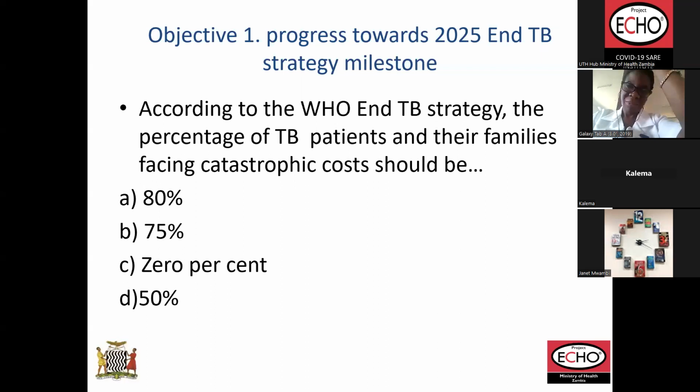I think you can shed more light on that. Thank you so much. And indeed, it's good to know that at least 67% of the people are thinking no family should suffer any form of catastrophic cost when it comes to TB.